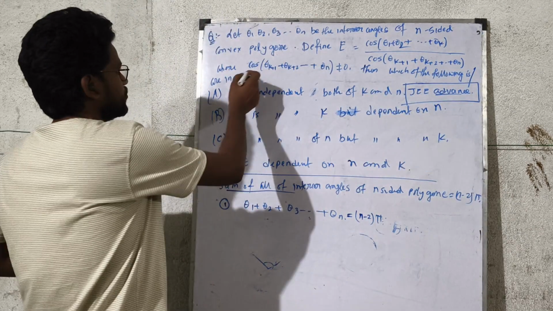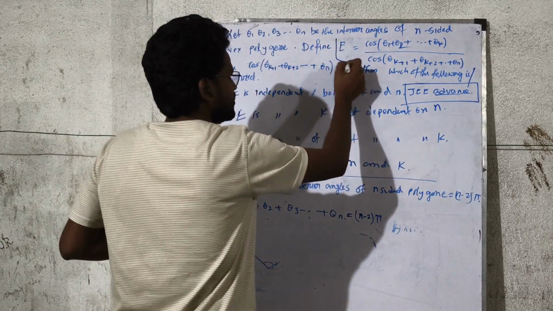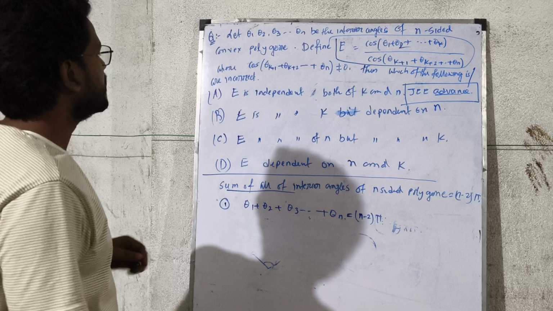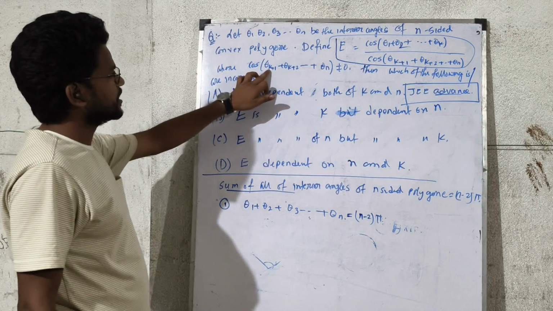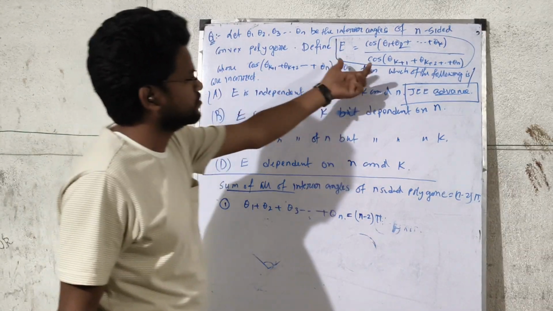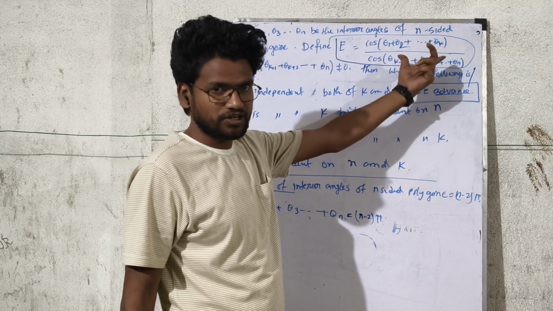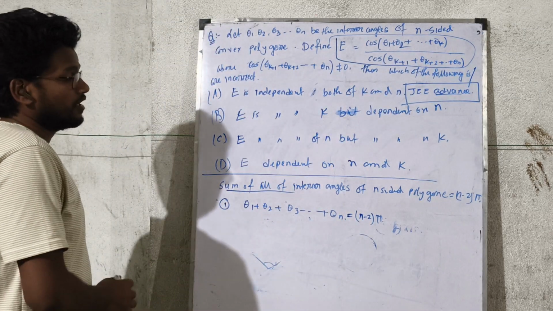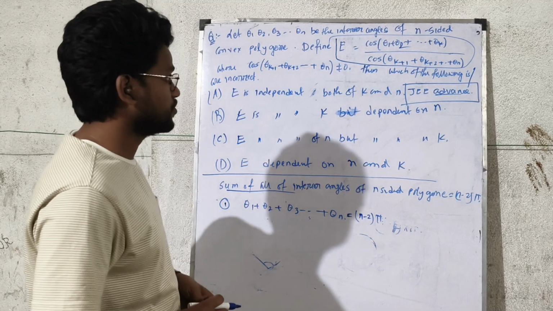This is a function of cos of the angles, where cos of (theta k plus 1 plus dot dot plus theta n) is not equal to 0. The denominator is obviously not equal to 0, otherwise it is undefined.